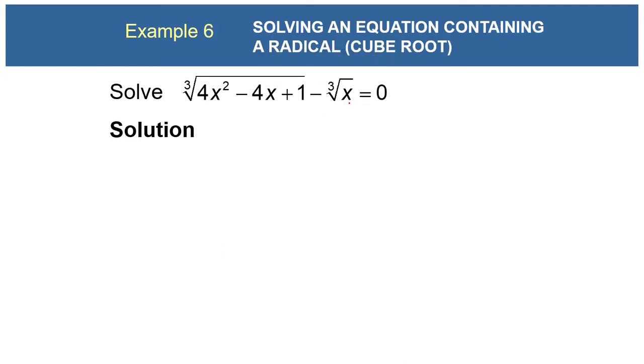In example 6, again, my idea is to always isolate the radicals. Since there's 2 of them, we'll try to isolate both of them on each side. So let's add the cube root of x to both sides.